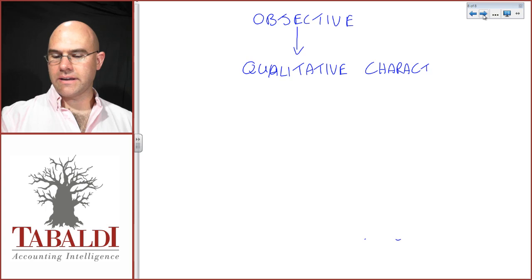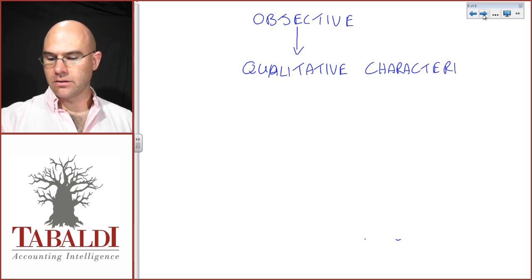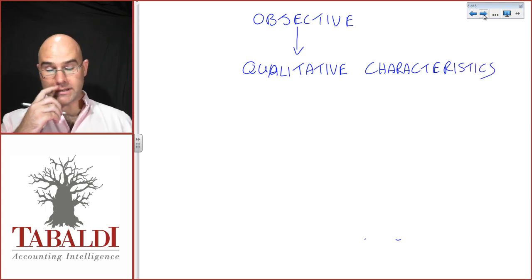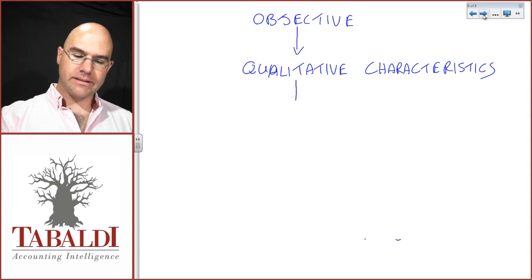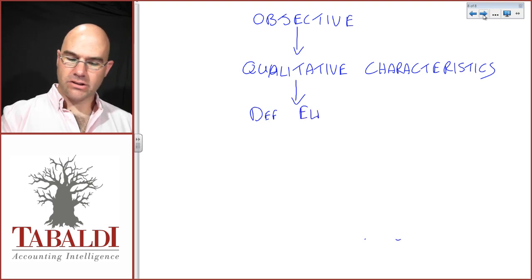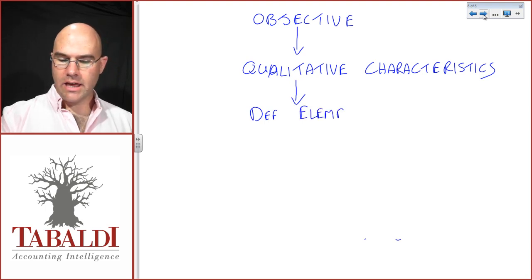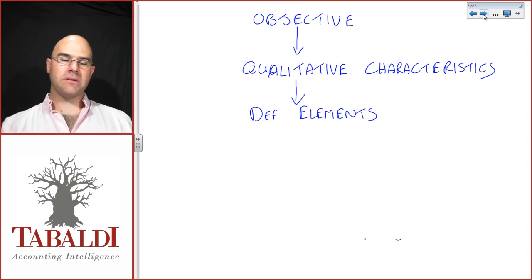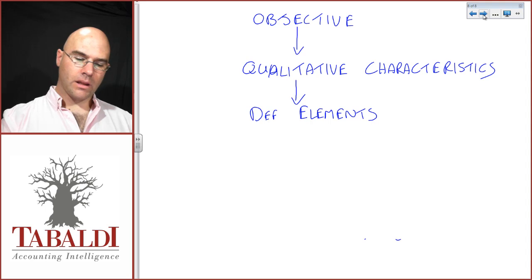Those qualitative characteristics are based on what qualities would make information useful. From the qualitative characteristics, we discuss the definition of elements. And definition of elements, as I said earlier, is your assets, liabilities, equity, income, and expenses.